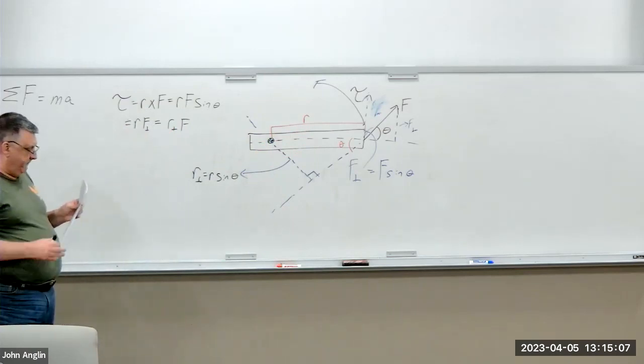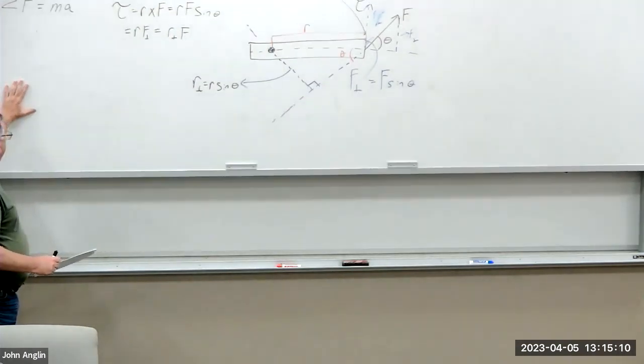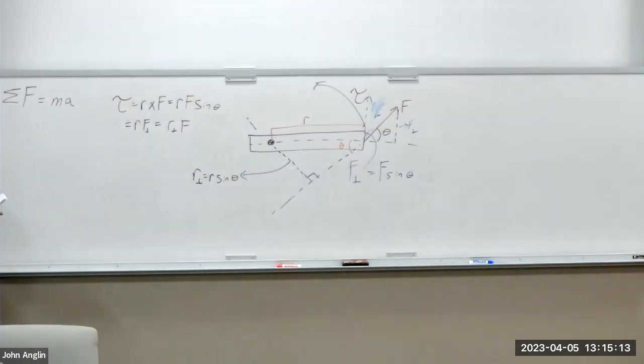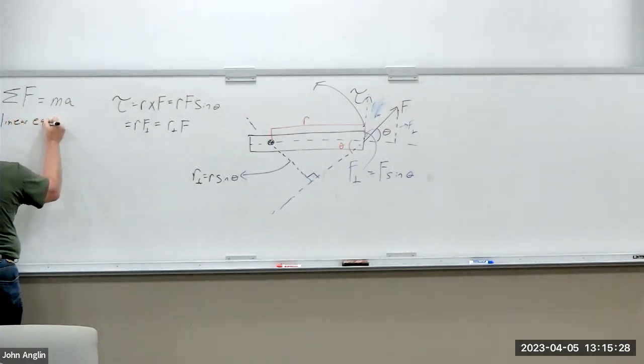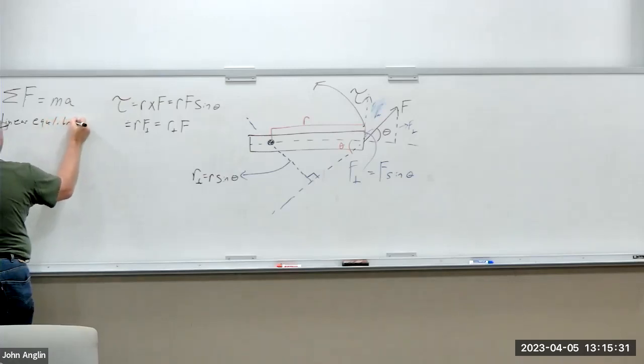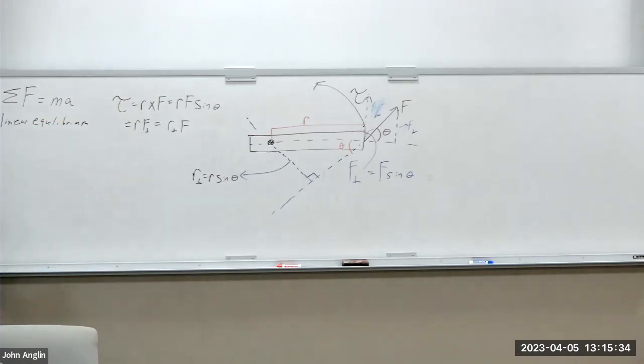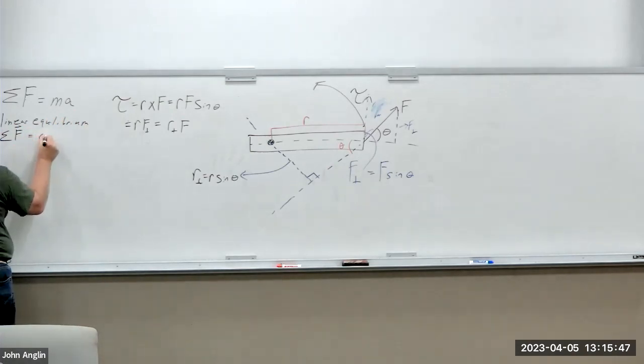So in order for the system to be in equilibrium, what we call translational equilibrium or linear equilibrium, if you like, we know, just by definition, that the sum of the forces, the sum of these linear forces I'm talking about, has to be zero.